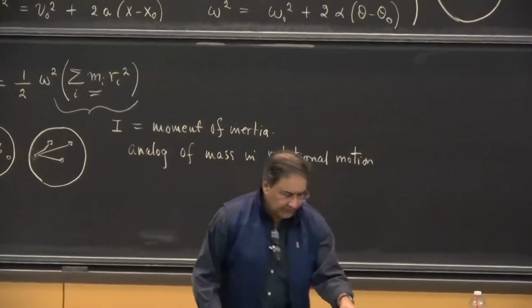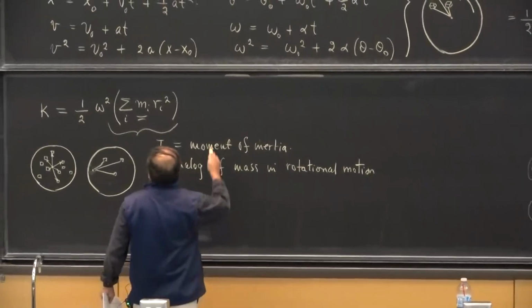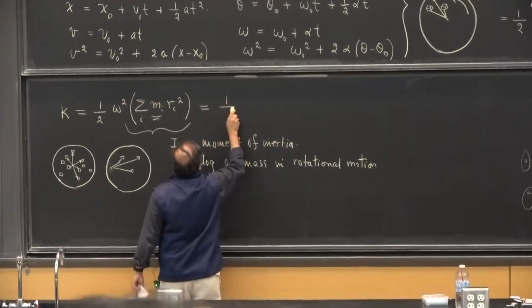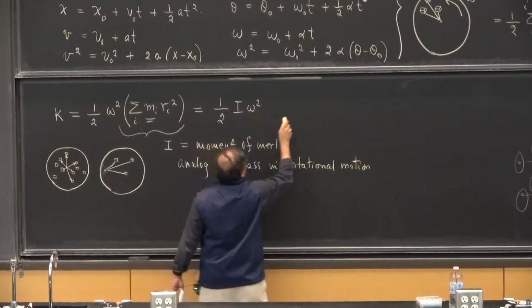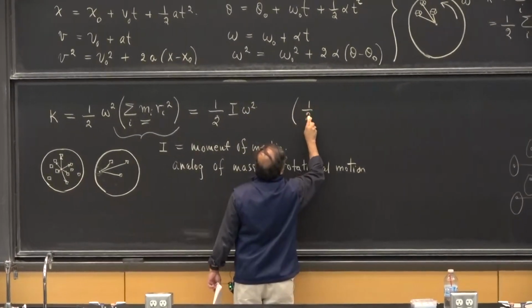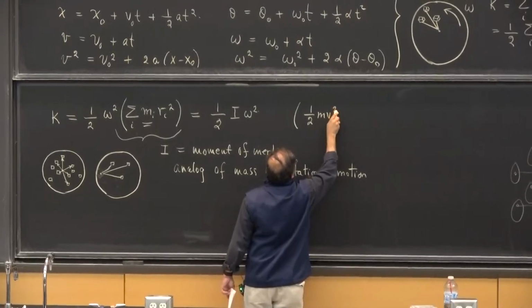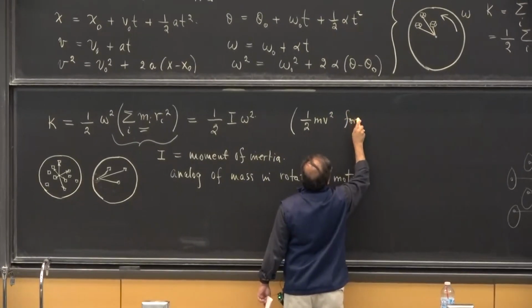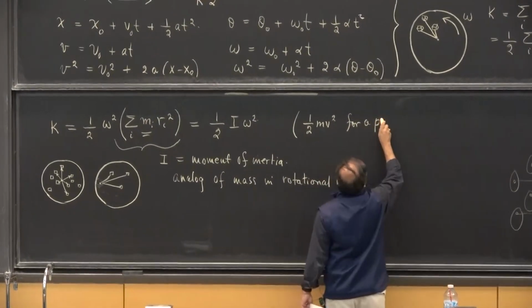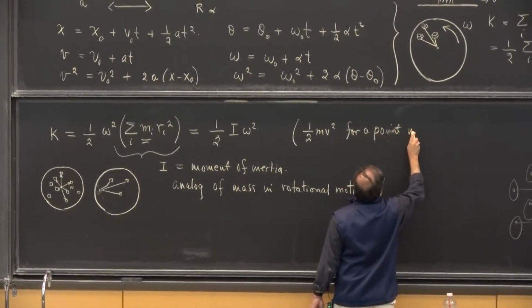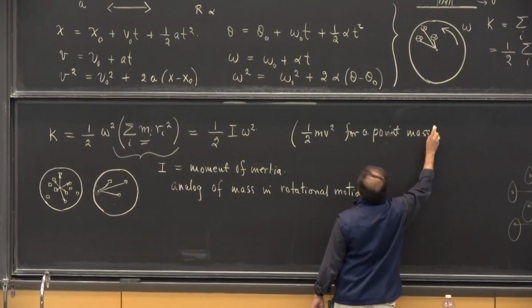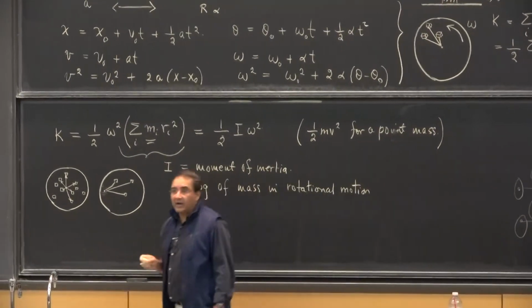So what I'm trying to tell you then is that we can replace this quantity as 1/2 I omega squared. So instead of having 1/2 mv squared for a point mass, as we have so far, we now have 1/2 I omega squared.